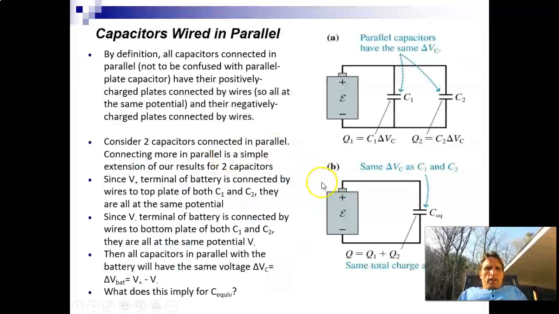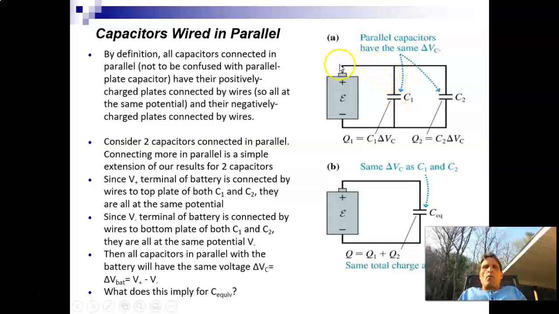Okay, so if we wire several capacitors in parallel, we just drew two here, but you can extend this to 3, 4, 5 of them in parallel. What that means is that all of the top plates, for example, are connected together by wires, okay? So the top plate of capacitor 2 is connected by a wire to the top plate of 1.